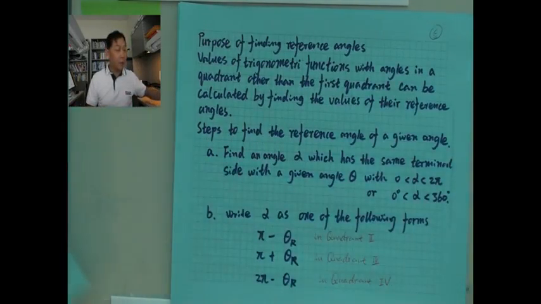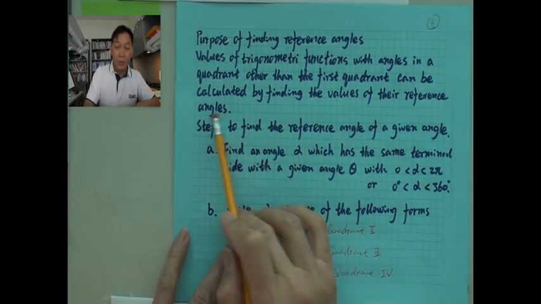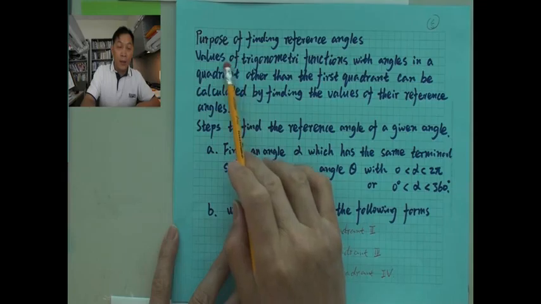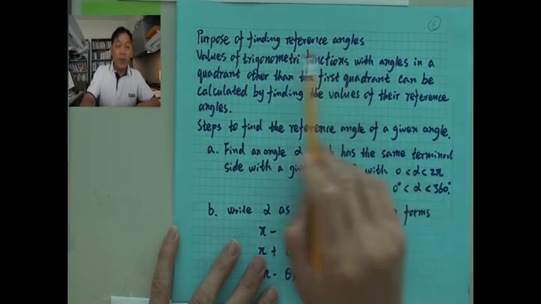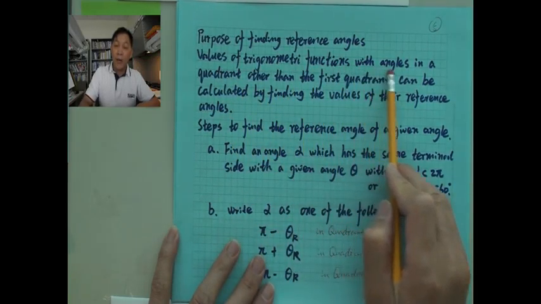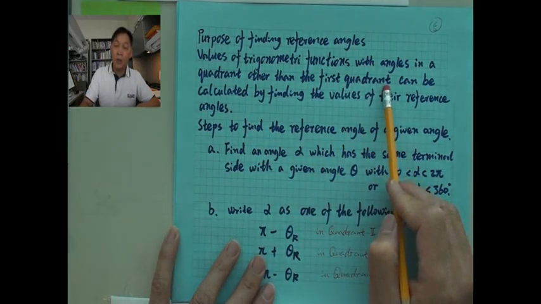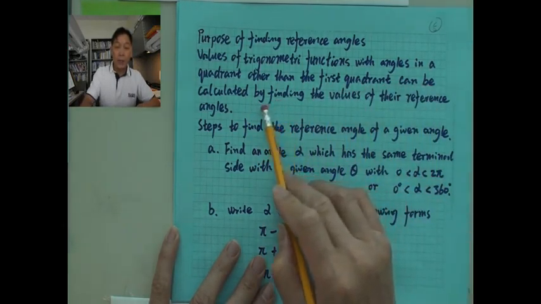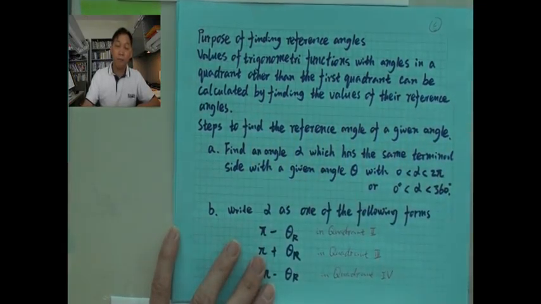So here are the steps. Again, I wrote this for your notes: why do we need to find the reference angles? The reason is that values of trigonometric functions with angles in quadrants other than the first quadrant can be calculated by finding the values for their reference angles.